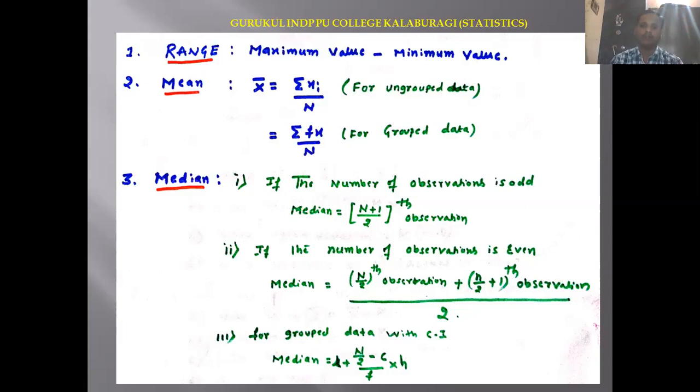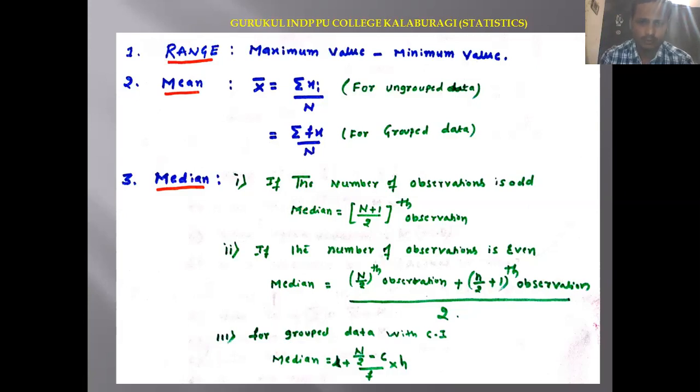For example, when we have 5 observations, 5 plus 1 is 6, 6 divided by 2 is 3. The third data will be the median.